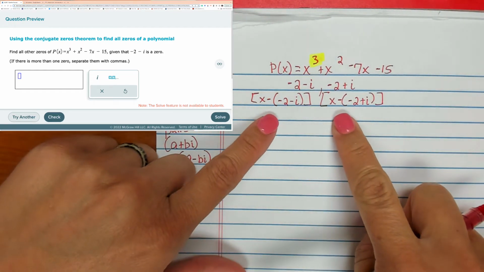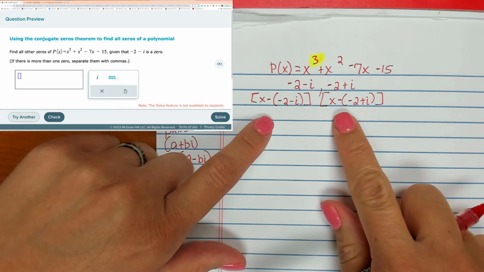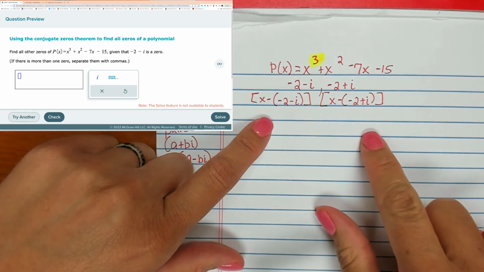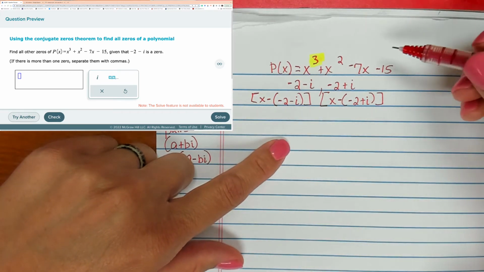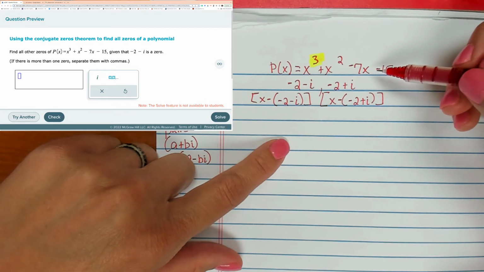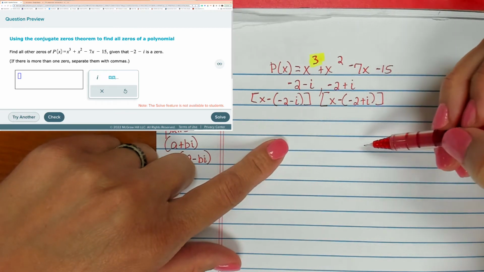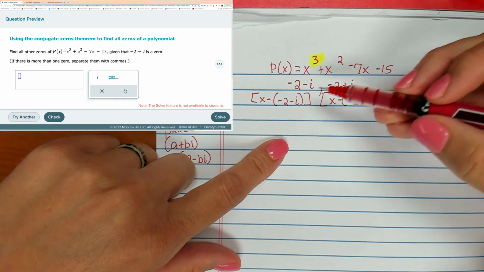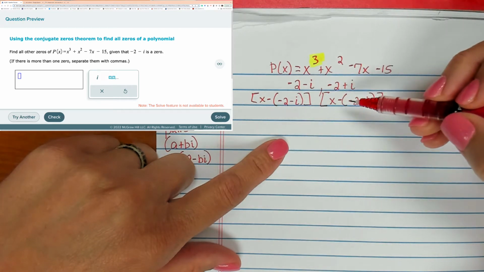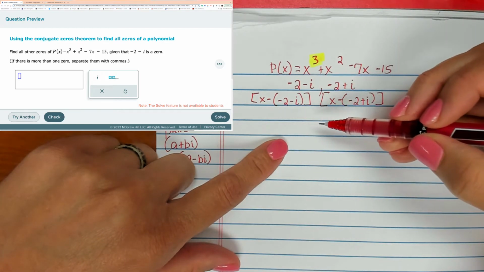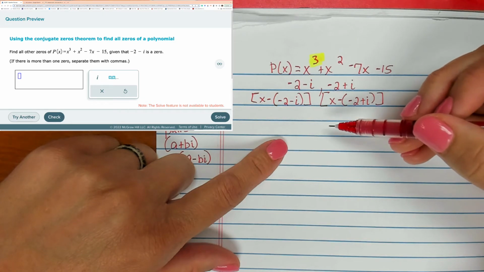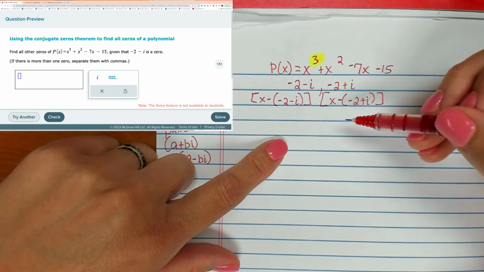And I'm going to multiply this, because when I multiply this, I will have a polynomial, and that polynomial will end up being a factor of this. And what I can do is divide this polynomial by the product of these two, and that should give me my remaining root.